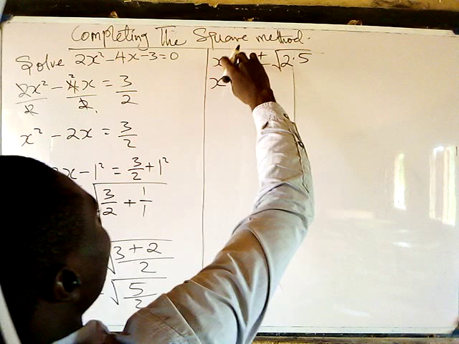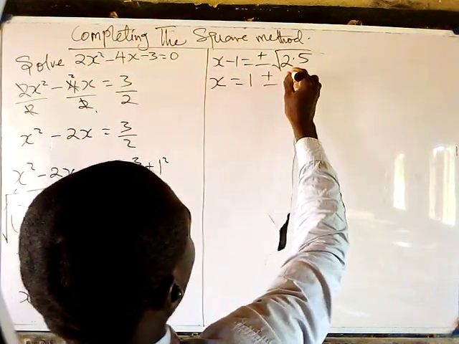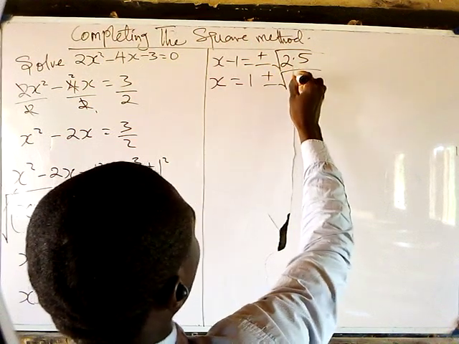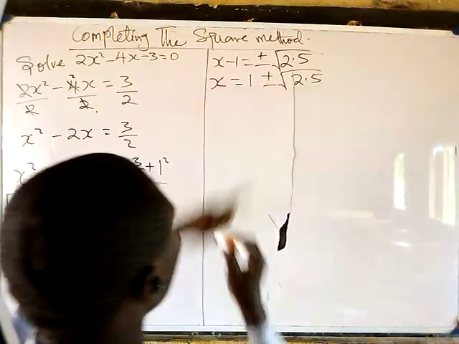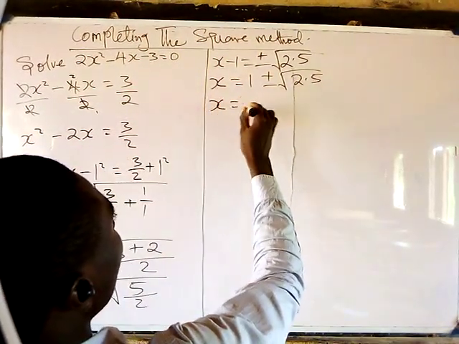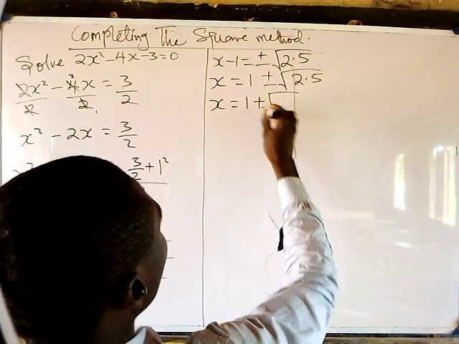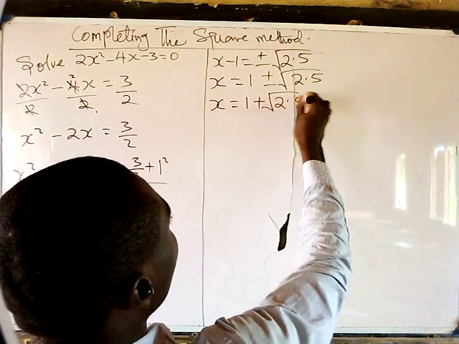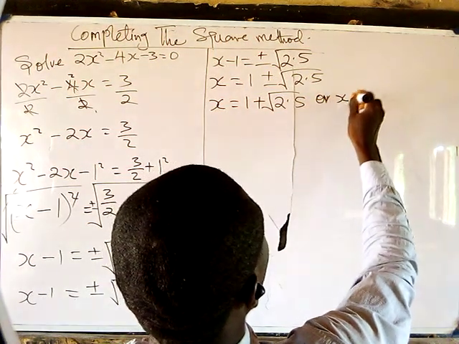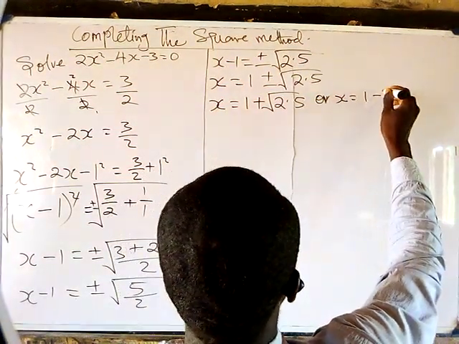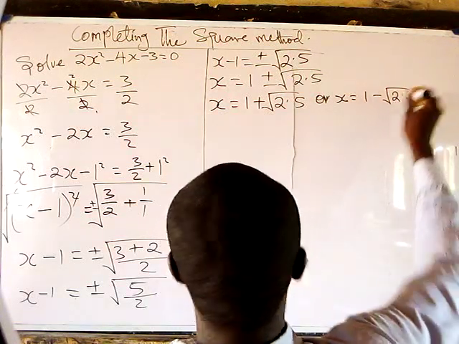By taking minus 1 across the equality sign it becomes plus 1, isn't it? Then 1 plus minus root 2.5. So what does plus minus mean here? It means x is equal to 1 plus root 2.5, or x is equal to 1 minus root 2.5.